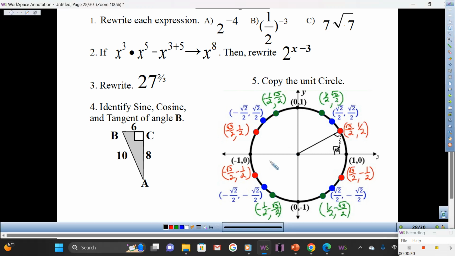Number one. What'd you get for number 1A? Diego Rosas. One over 16. Very good. Number 1B.